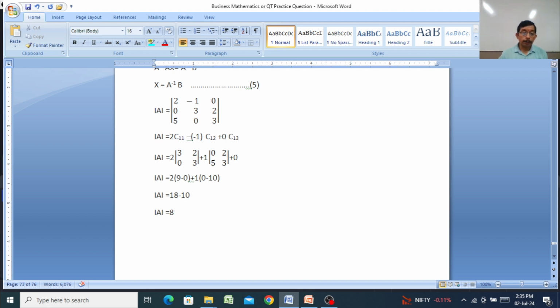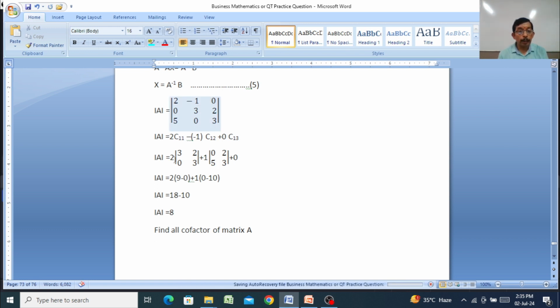Now we find all cofactors of matrix A. How many elements?